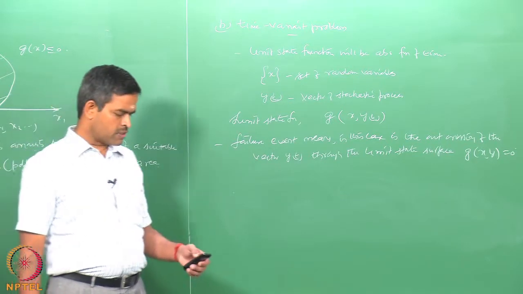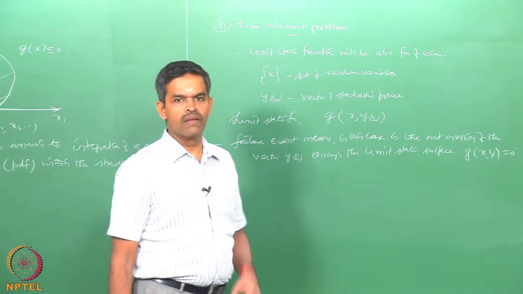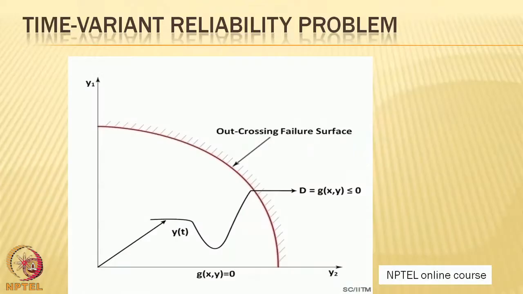So, let us see how this function looks. I request you to please look at the screen, which is a graphical illustration of the time variant reliability problem. There are two variables, let us say y1 and y2. g of x, y equal to 0 is the limit state function chosen for this problem.